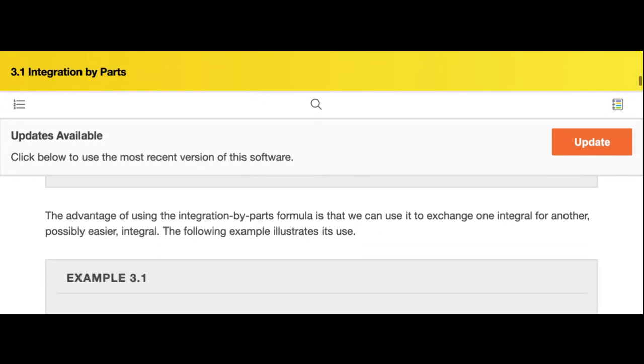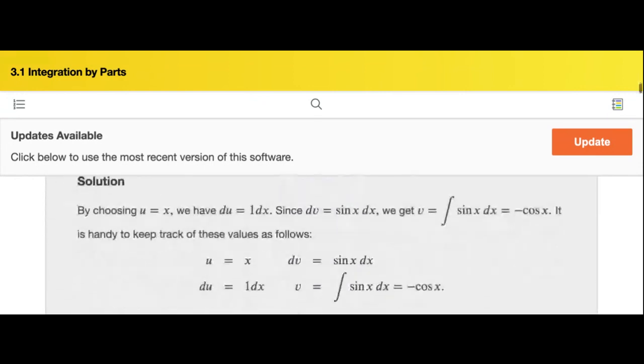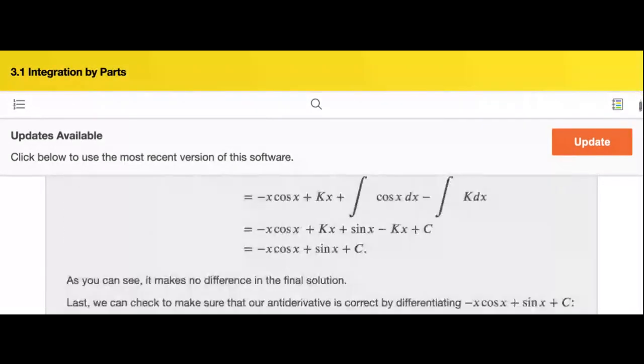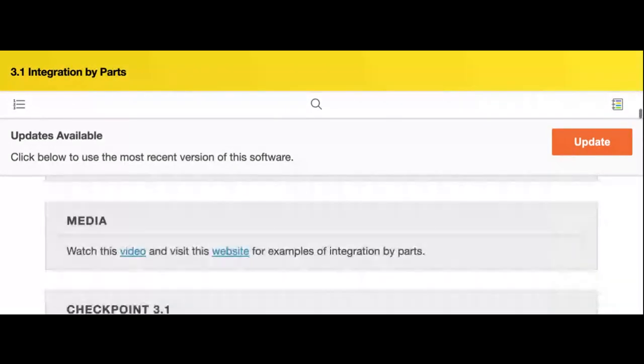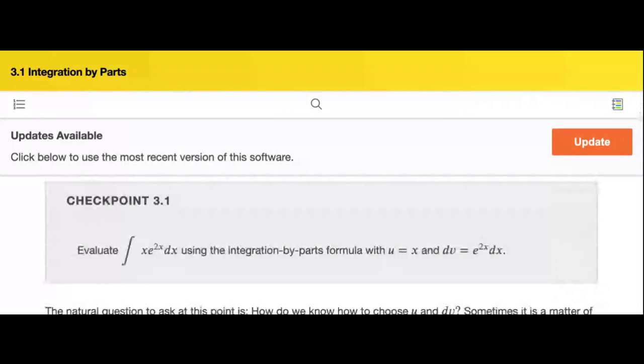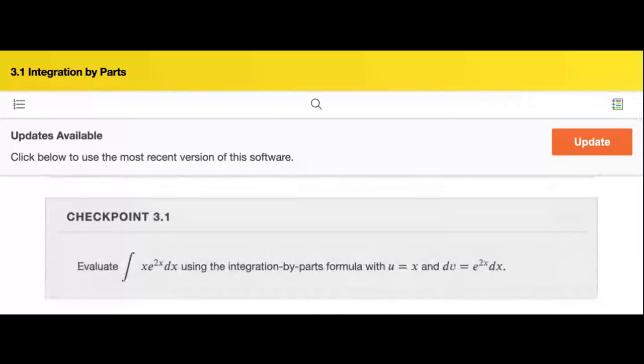Okay, let's see more examples. Let's try this one. Let's all try 3.1. They give us a hint. They say, let u be x, let dv be e to the 2x dx.